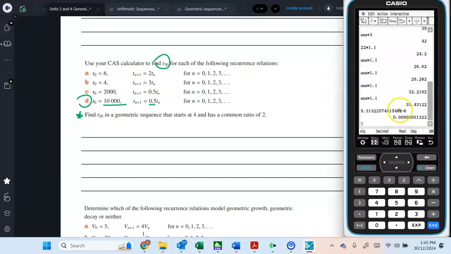If not, that E just means times 10. So you could just write times 10 to the negative 6. It's an example of scientific notation, which you've definitely covered before, but probably forgotten.